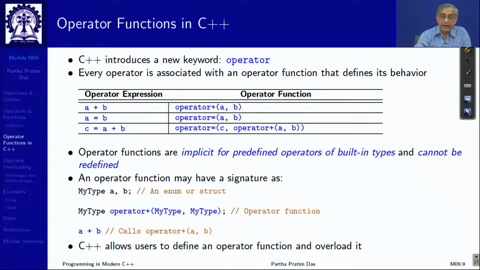in terms of syntax, a new keyword is introduced, called operator. Every operator is associated with an operator function. That is, if I write a plus b, I can also write it in function notation as operator plus a b, the prefix notation.